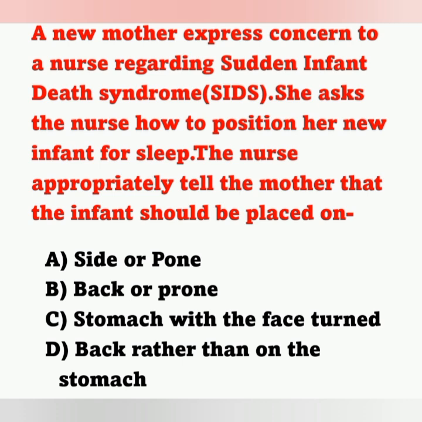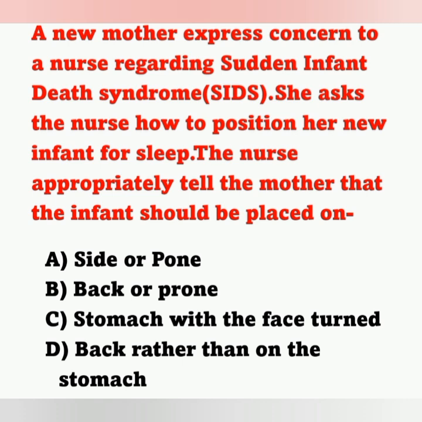The exact cause for this sudden infant death syndrome is unknown, and it most commonly occurs during winter months and also during sleep. It means not only at night, in all time, daytime or night time, it mostly occurs during the time of sleep. And this syndrome is most commonly seen in infants between 2 to 3 months of age.